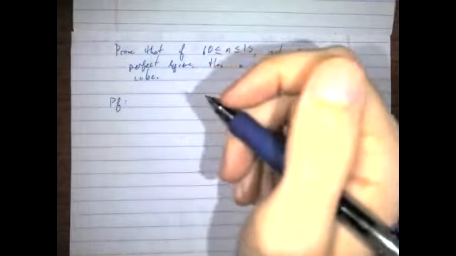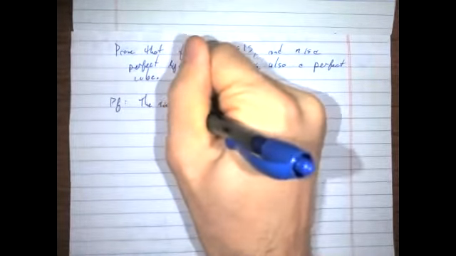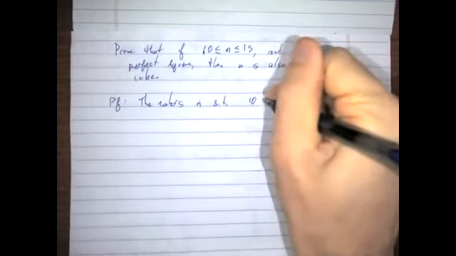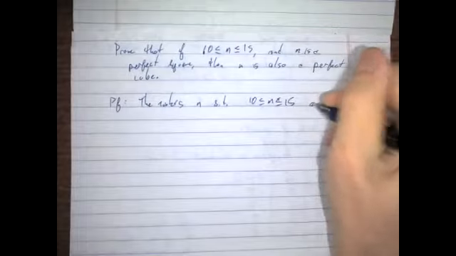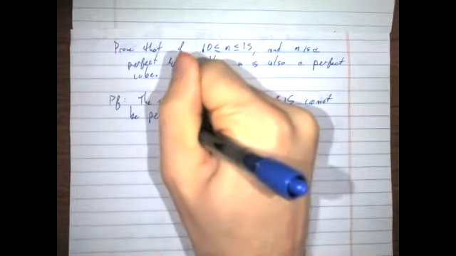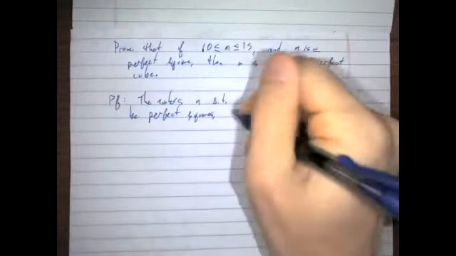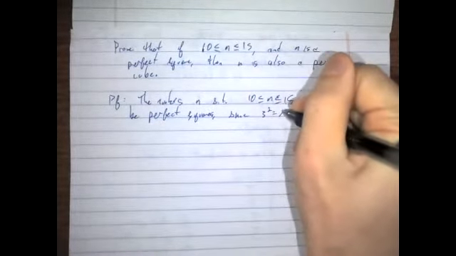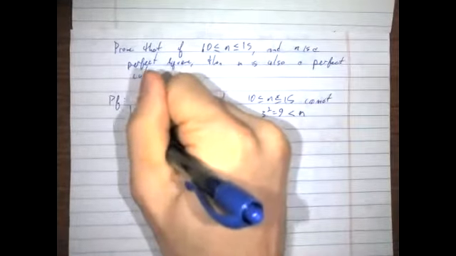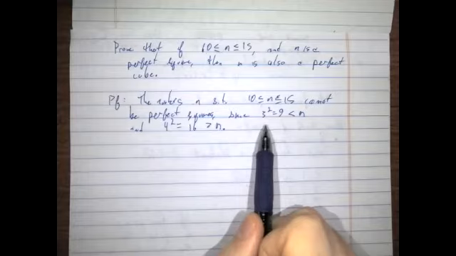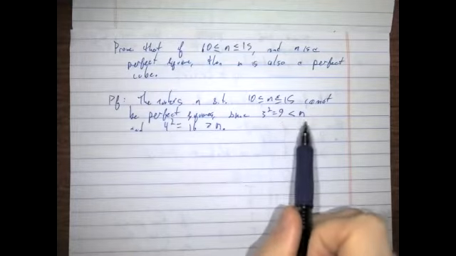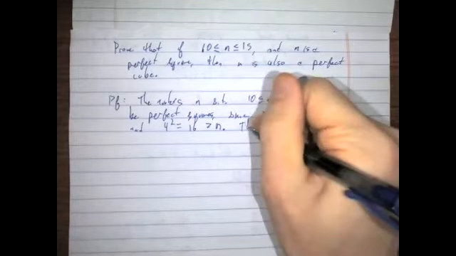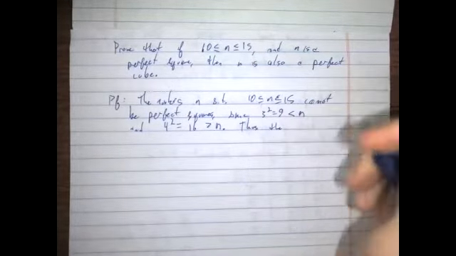So the numbers n such that 10 is less than or equal to n and n is less than or equal to 15 cannot be perfect squares, since 3 squared is equal to 9, which is less than n, and 4 squared is equal to 16, which is greater than n. Right? So all the perfect squares are either less than n or greater than n. It does feel a little shady, doesn't it? Thus the statement is vacuously true.